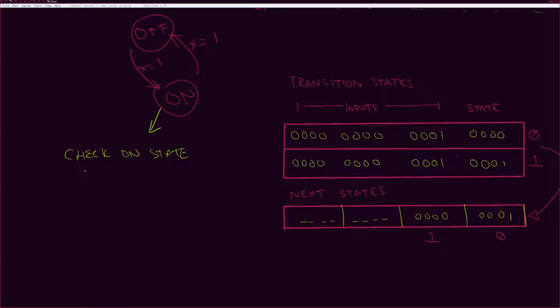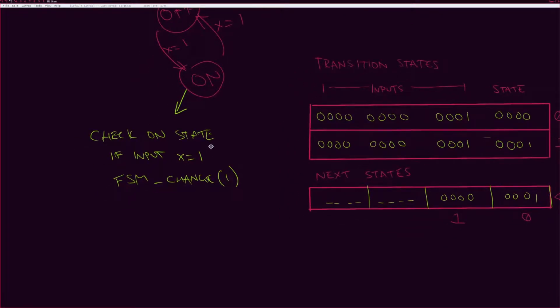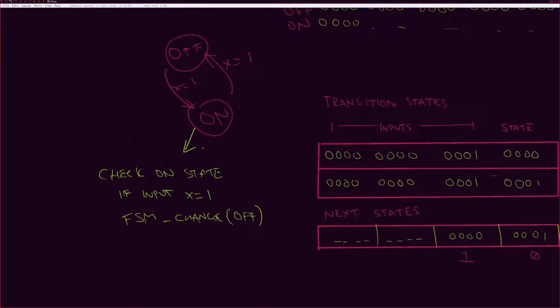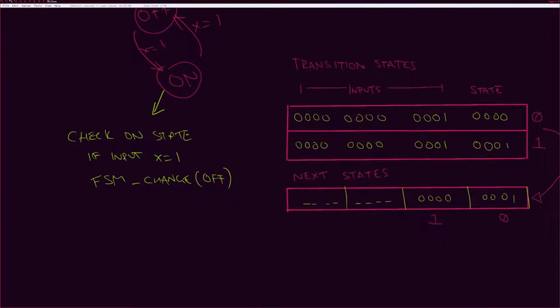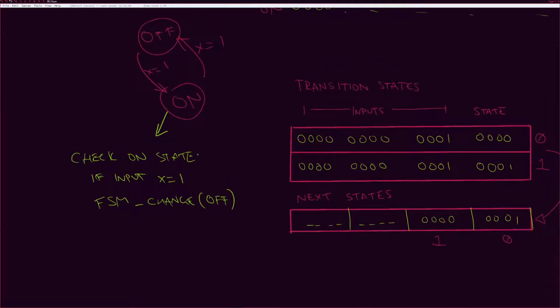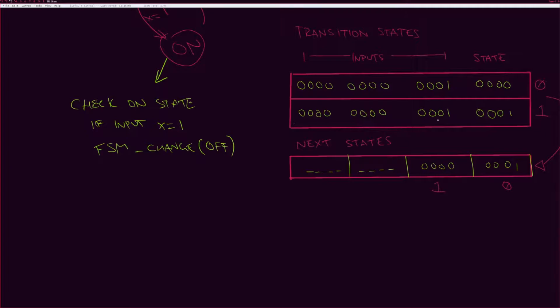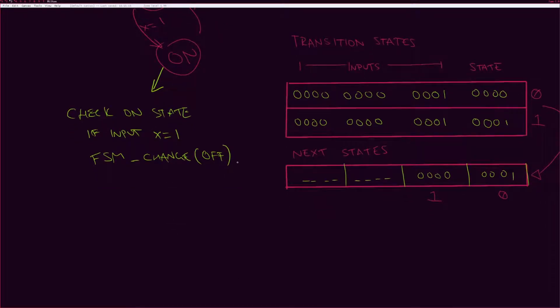And then you say if input X equals 1, then call my finite state machine and change the state to 1, whatever, or off, however you define this, right? You're actually running this function every single time, which takes not much processing power, but you can imagine if you've actually got the 12 inputs here, and then you want to calculate them each time and do all this stuff.